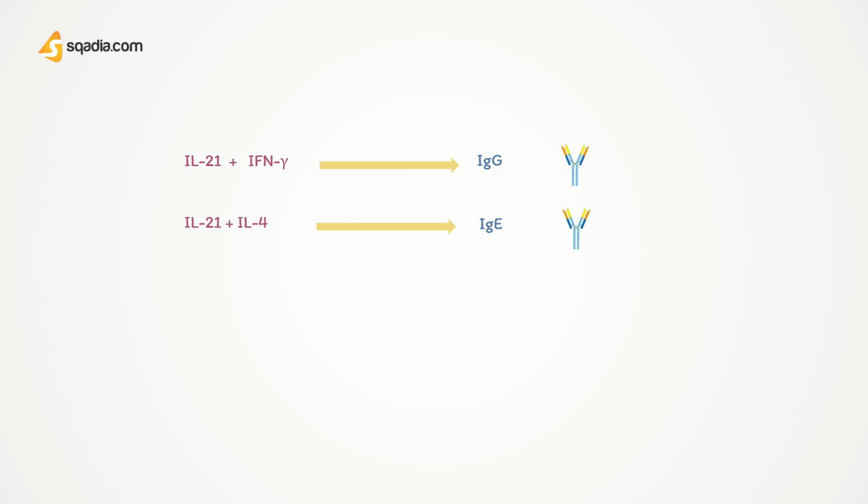And interleukin 21 plus various mucosal cytokines makes IgA. Now, usually the VH variable region is not affected by class switching. However, AID does make nucleotide substitutions in the gene regions that encode the VH and VL chains. Therefore, they further increase the potential diversity of the B cell pool on a massive scale.